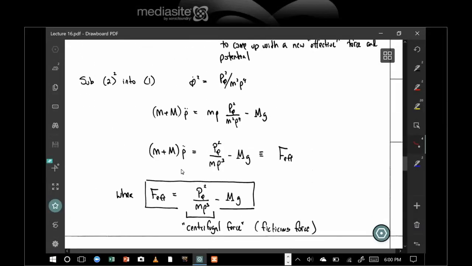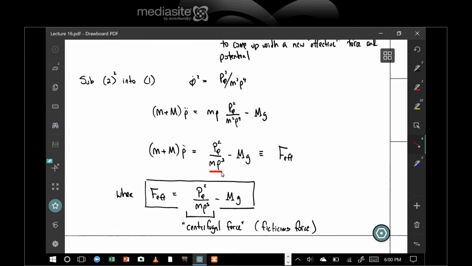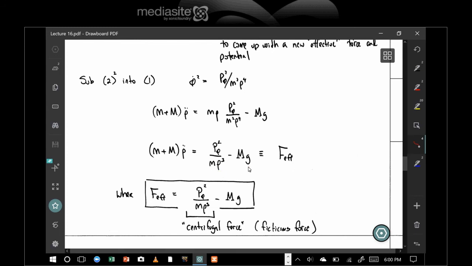The next thing we did was look at the equation of motion. We saw something that looked like mass times acceleration equaling some net force. We identified one force as gravity, but this other term we gave a new name: centrifugal force. We like forces so much we make up stuff that looks like a force. It's not really a force.